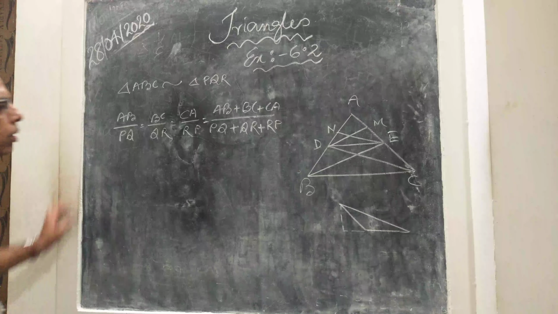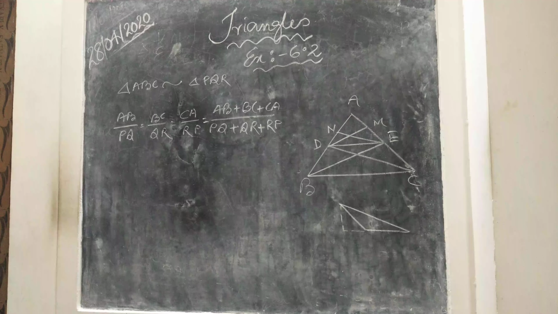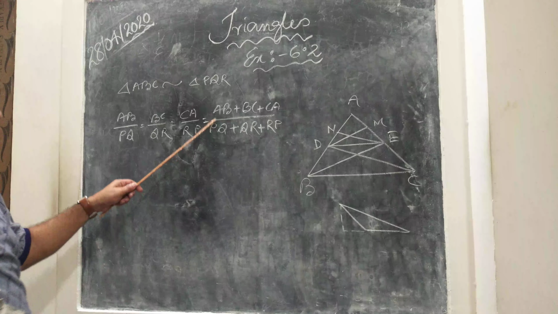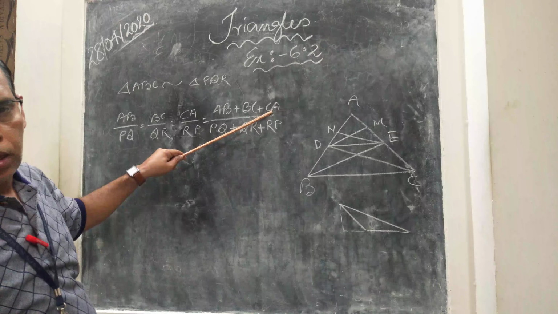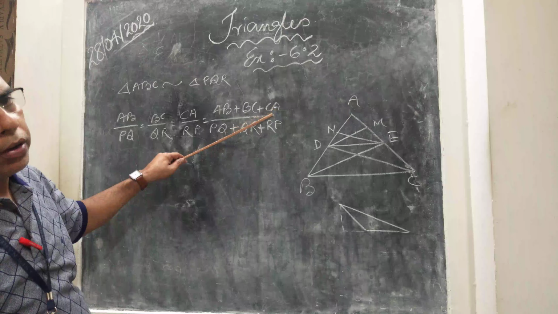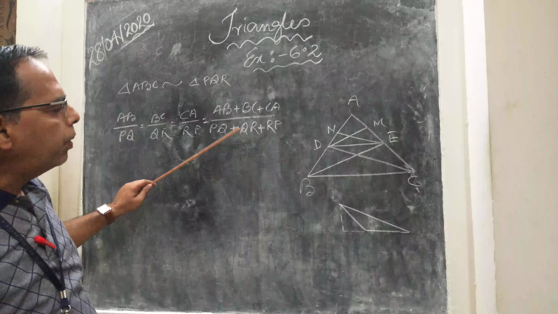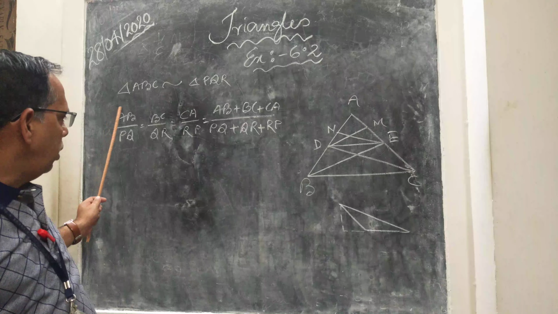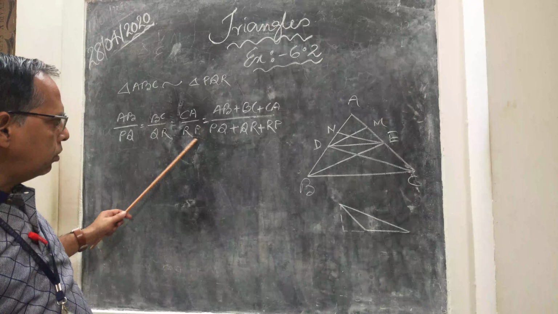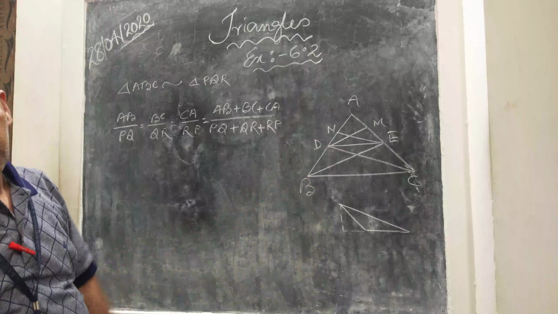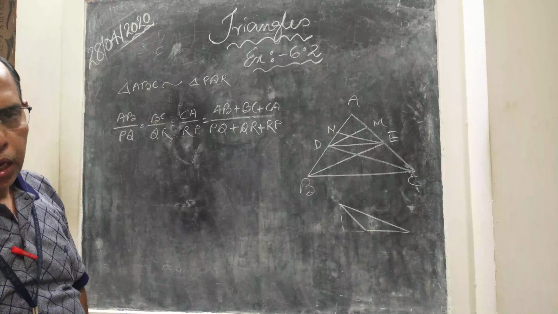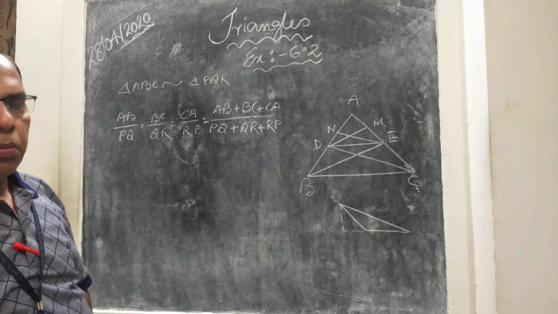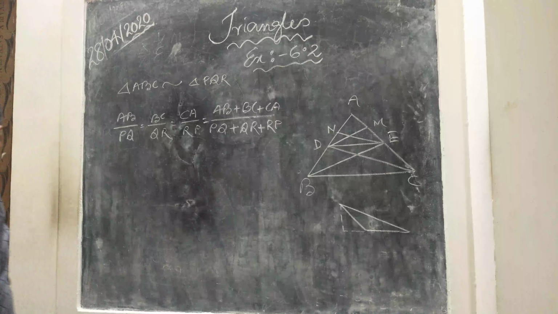Now can you tell me what that is? AB plus BC plus CA of a triangle is nothing but the perimeter of triangle ABC, and similarly the perimeter of triangle PQR. So remember, the ratio of the corresponding sides is equal to the ratio of their perimeters. You remember this, because sometimes it will be needed.